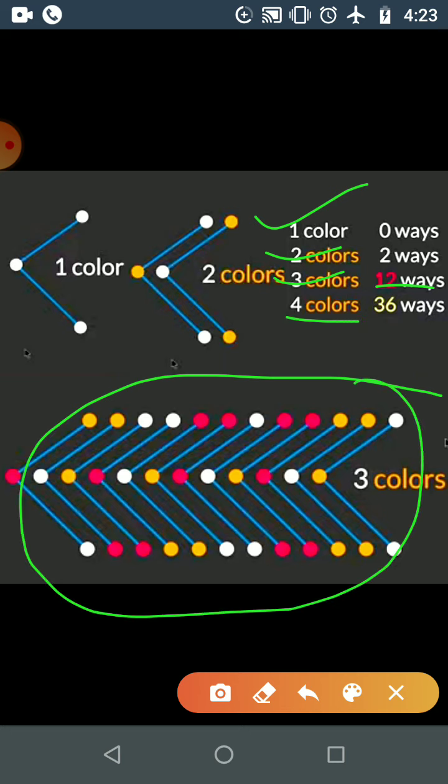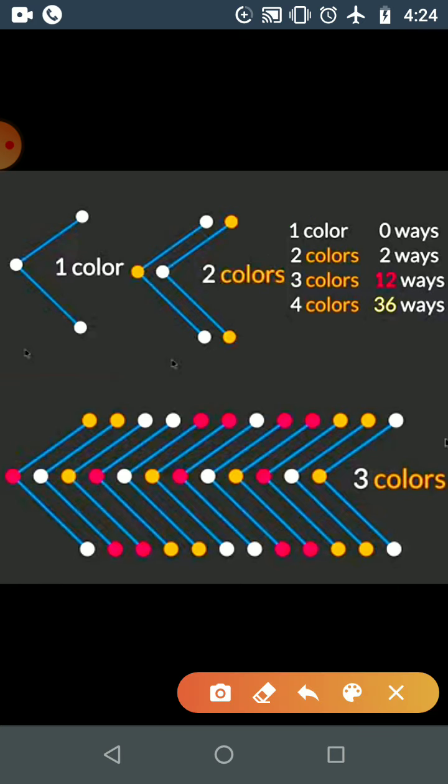And if you take 4 colors, then 36 total colorings. If you have 3 colors here, it also counts the proper 2-colorings as well as the proper 3-colorings.